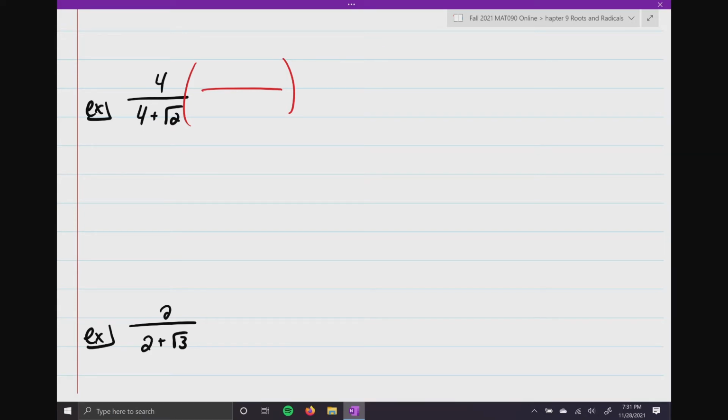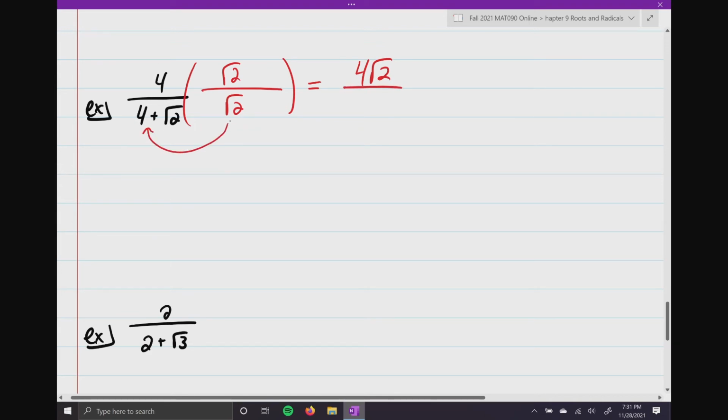Now, if you're thinking, why don't we just multiply by the square root of 2 over the square root of 2? Well, watch what happens if we do this. In the numerator, you get 4 square root of 2. However, in your denominator, you have to distribute. So we get 4 square root of 2 plus 2. Notice you still have a radical in your denominator. So this move here didn't work for us.